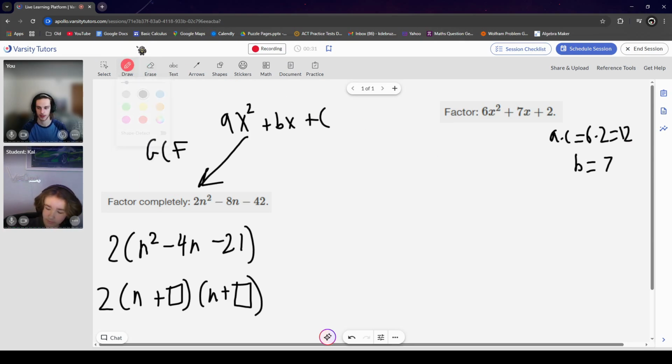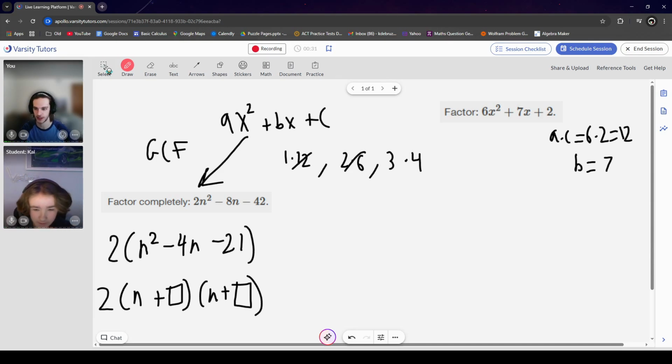Try 2 times... no, that one. 3 times 4 equals 12. Does that work? Yep, it works, exactly.